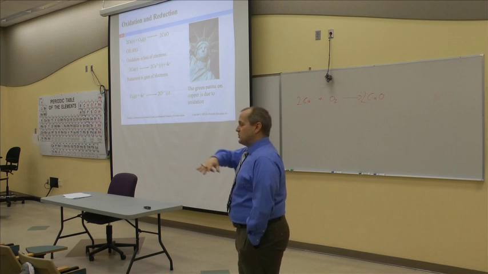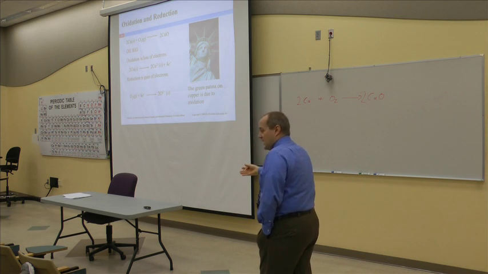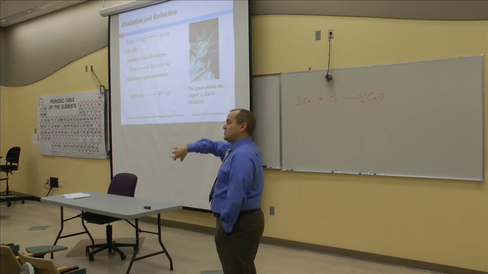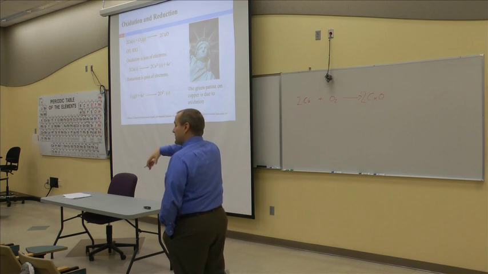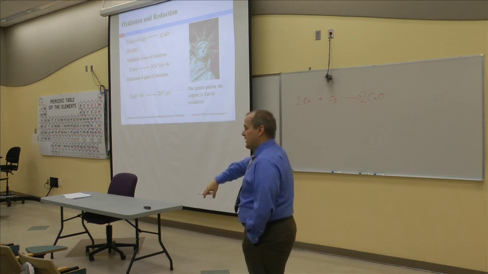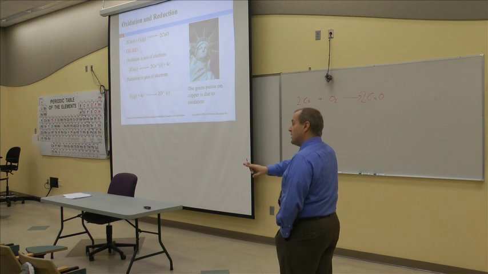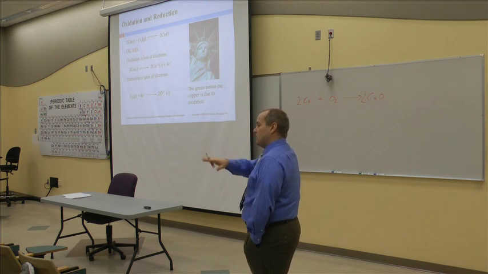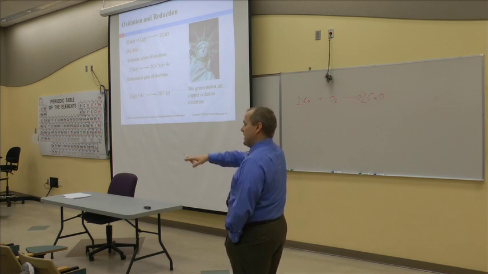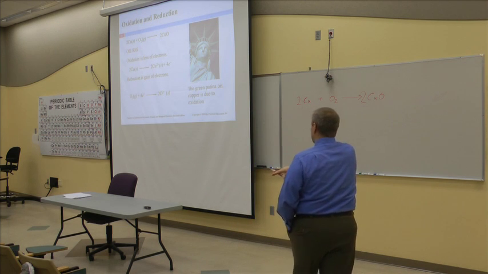If this was general chemistry 2, we'd go into a little more detail and I'd ask how many electrons are moving from one place to another. But that's general 2. This is allied health chemistry, so we're not going to bother with that. It's enough for me to know that you can identify oxidized species and reduced species.